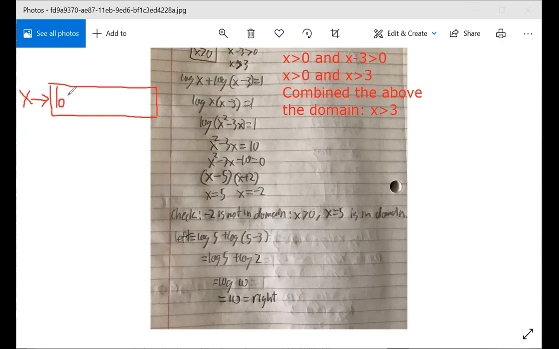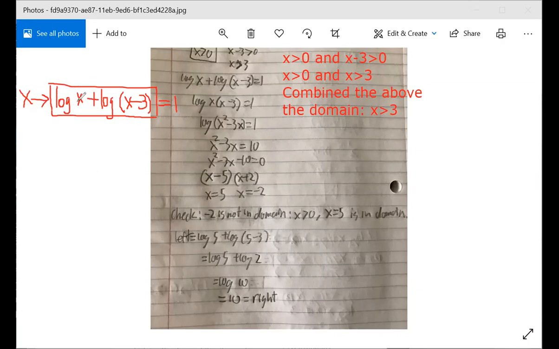Log x, and the log of x minus 3. And we want the output to be 1.